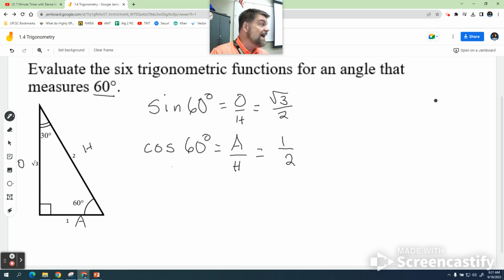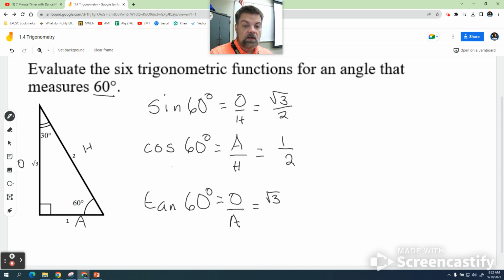If you didn't, then you're not in degree mode on your calculator, and we can figure that out. Tangent of 60 degrees is going to be the opposite over the adjacent, which is the square root of 3, all over the adjacent, which is 1.